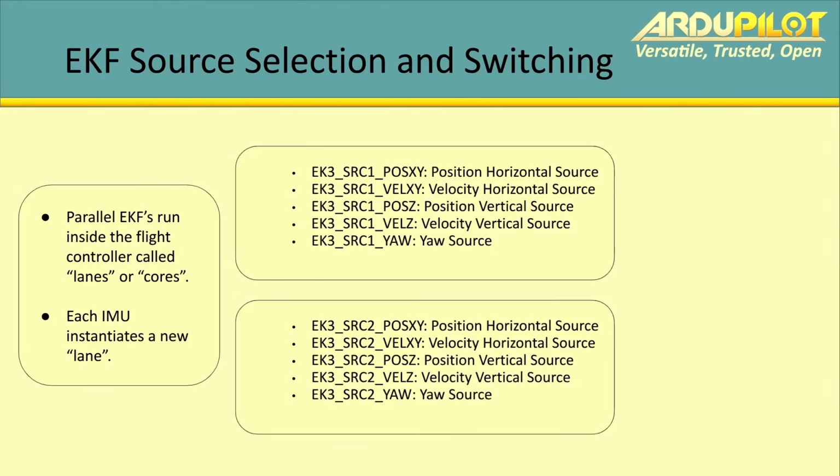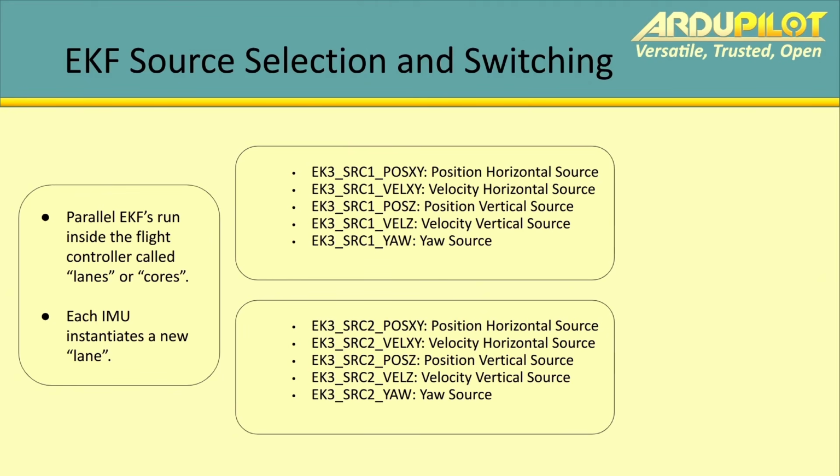So for a flight controller like a cube orange with 3 IMUs, we'll have 3 separate EKFs that we'd instantiate. And which sensors those EKFs use is governed by these parameters called EK3 source 1, source 2 set of parameters.